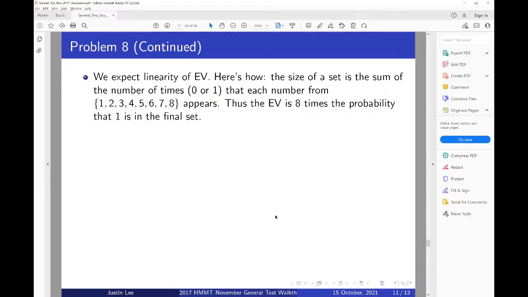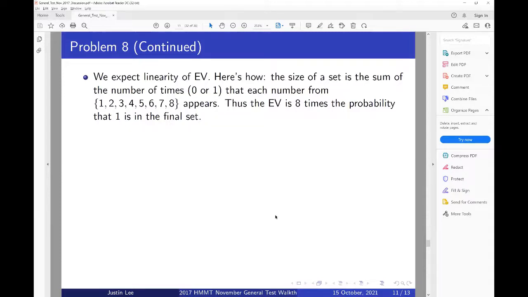expected value problems, and perhaps the most important fact about expected value is called linearity of expectation. And here's how we're going to apply linearity of expectation for this problem. Linearity of expectation says that the expected value of the sum of something is equal to the sum of the expected values of the things.